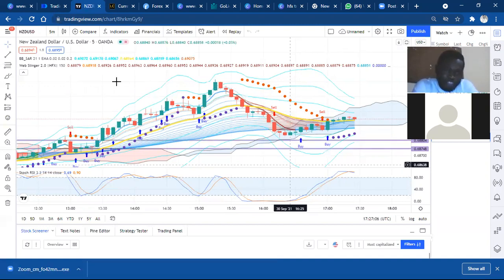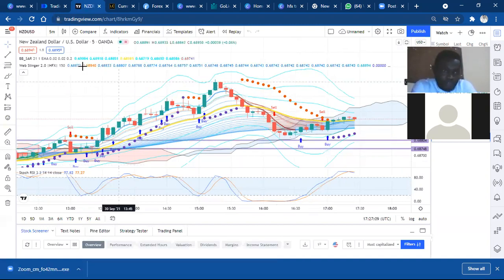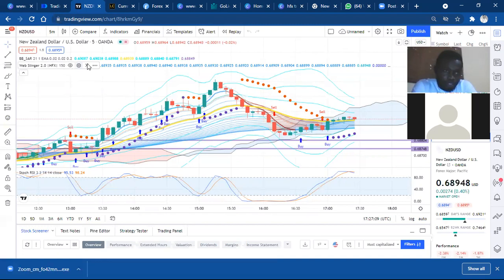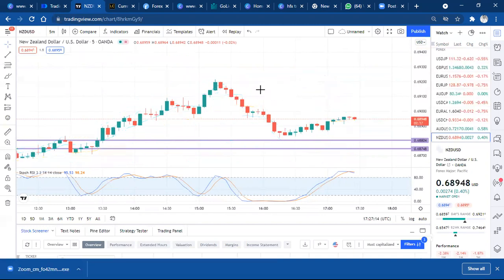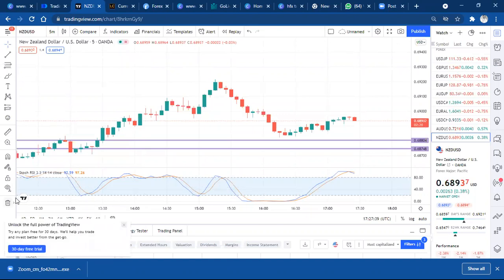I'm going to remove everything here so that I can show them to you one after the other. You will not be confused. The first thing I want to show you is how to use TradingView. So how do you use TradingView? Let me remove everything, all indicators.